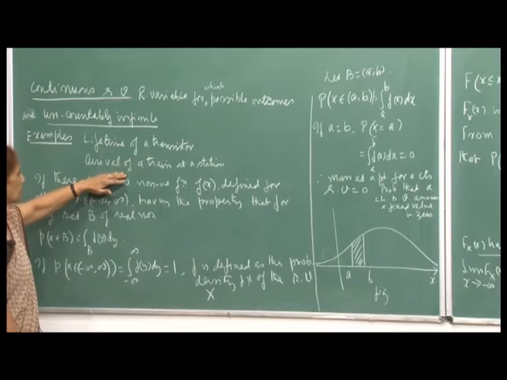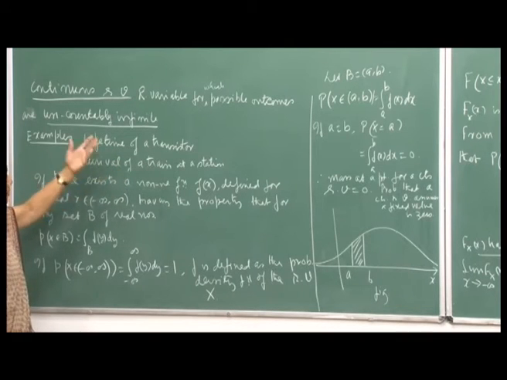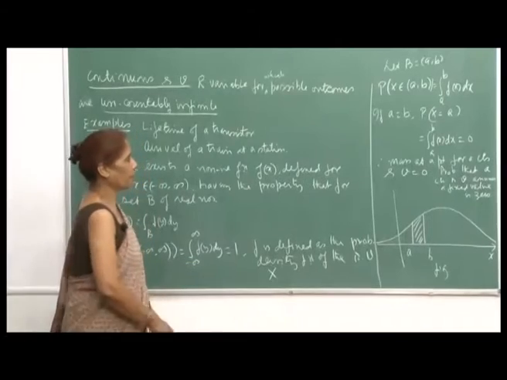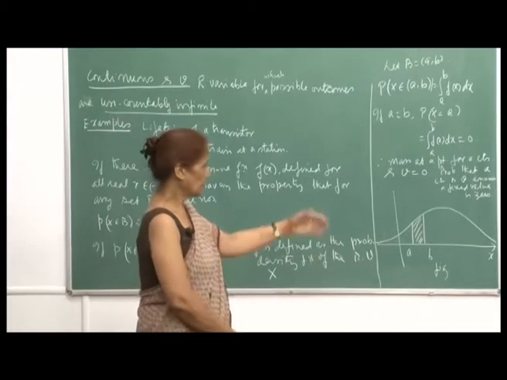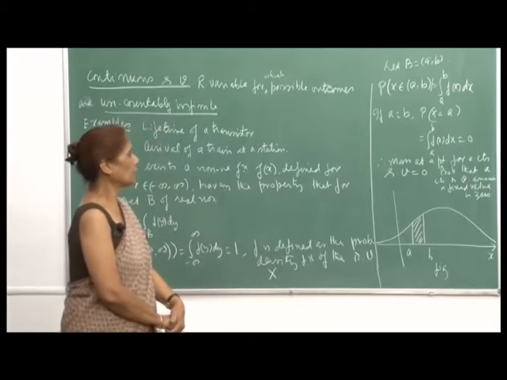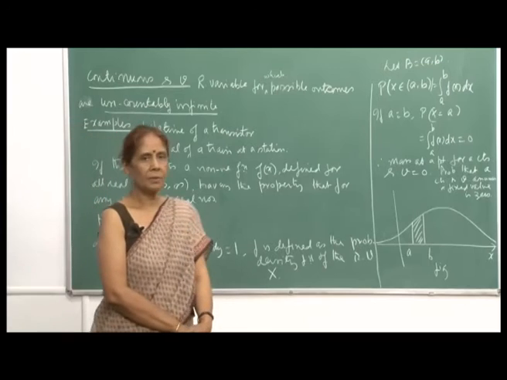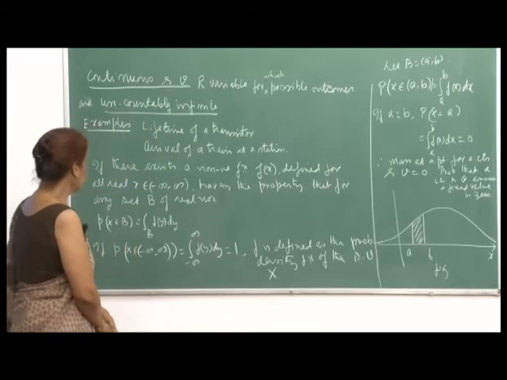Another example is the arrival of a train at a station and so on. One can go on adding to this list, and as we go through this topic, we will come across so many continuous random variables.